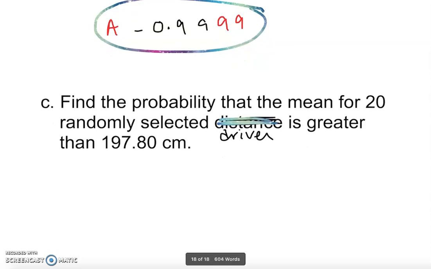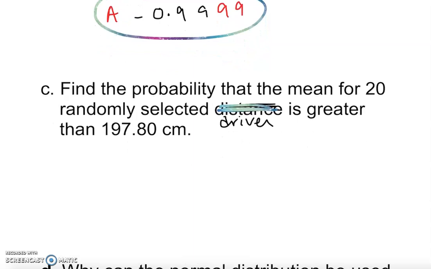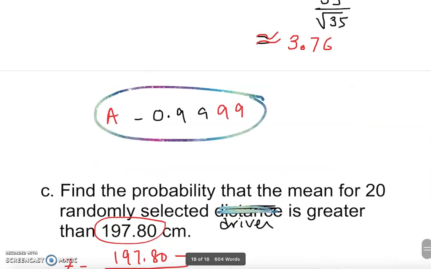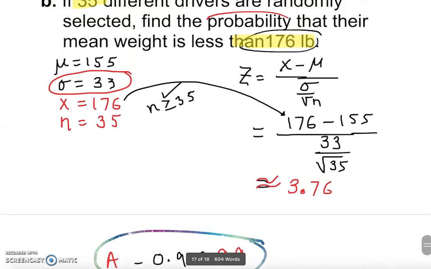Quickly, I'm going to do this here. So we know the mean. We're going to do z is equal to x minus the mean. So this is the x, 197.80, minus the population mean 155.